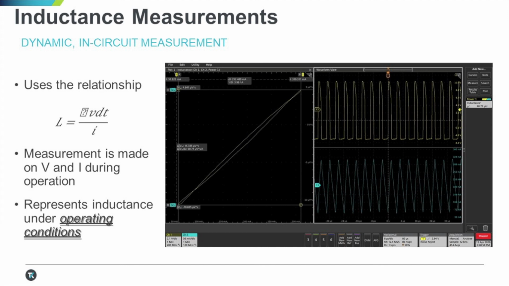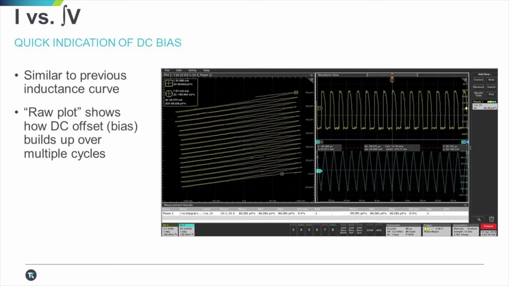The inductance measurement you can see in the screenshot above in the upper right hand side, where channel 1 is the voltage across the inductor, and channel 2 is the current through the same inductor. The current versus integral V plot gives us additional insight on the inductance value over multiple cycles.